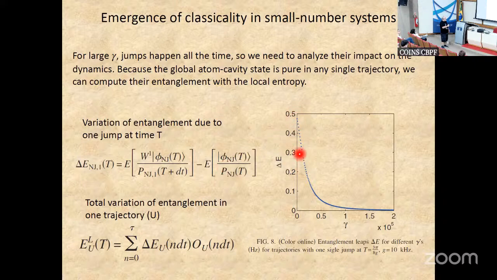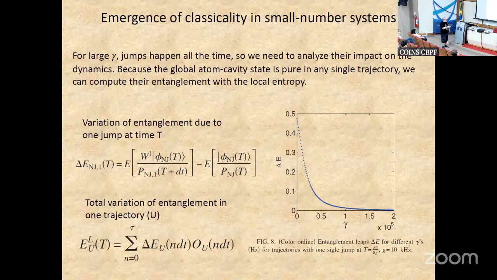And here what I'm showing you is the variation of the entanglement of my state for a jump as a function of gamma. I'm picking this t here, chosen as the time in which the largest variation of entanglement happens due to a jump. We studied this before, so we know. So I'm getting the worst that can happen.